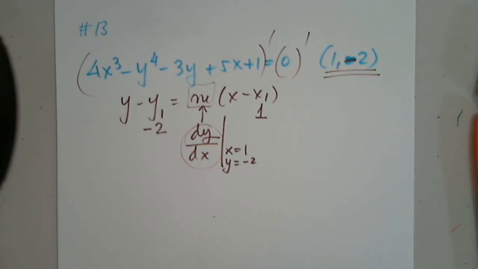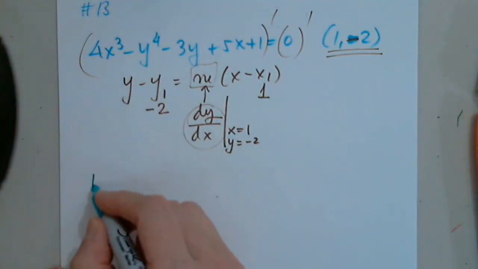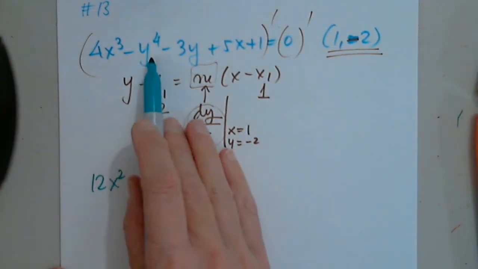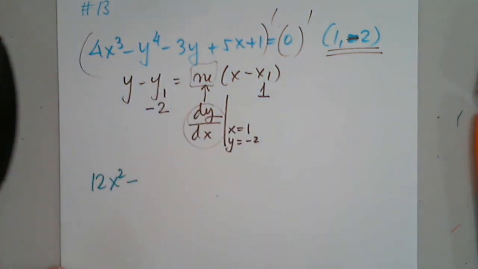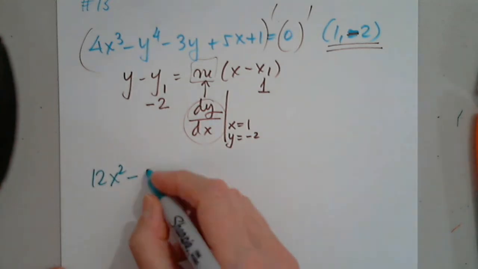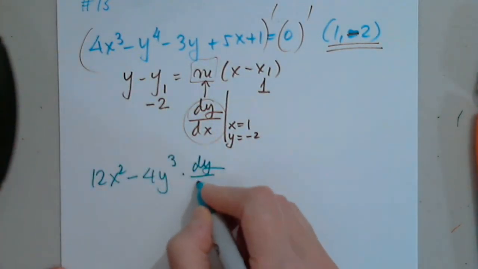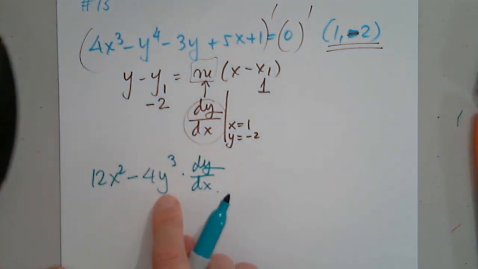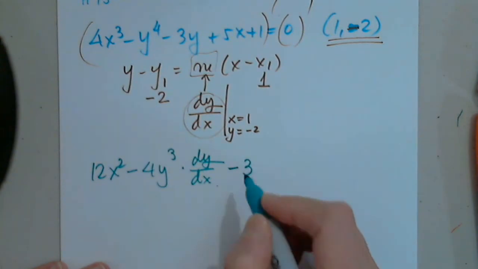Yes, it's clear. So we differentiate 4x cubed, and we get 12x squared. We differentiate y to the fourth. Can anyone differentiate y to the fourth? It's 4y cubed. This is a function times dy over dx, the inner function prime. Minus 3.